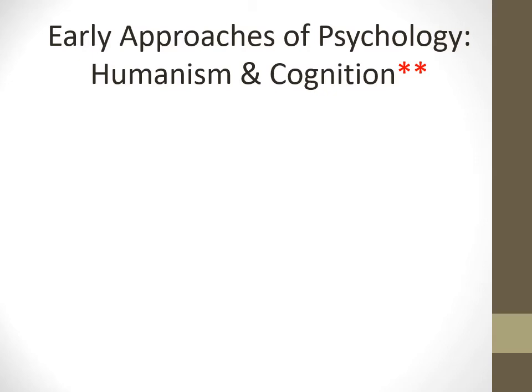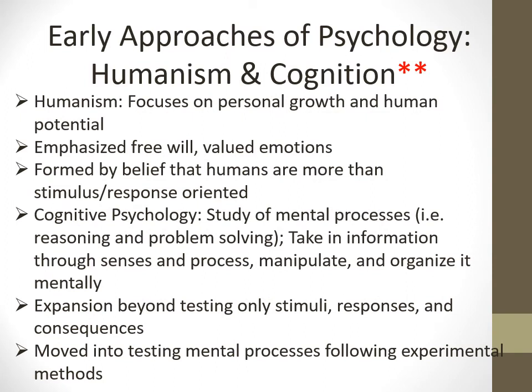Now, cognitive psychology developed as the behaviorists were so limited in studies with only observable things. So a cognitive perspective explains behavior with an emphasis on thoughts and interpretations based on memory, expectations, beliefs, problem solving, or decision making.